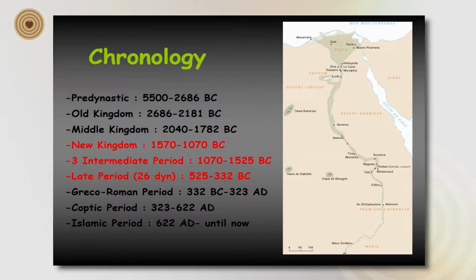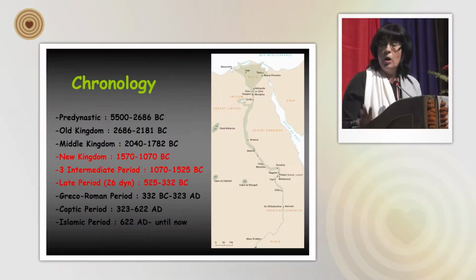Of course, Egypt is a very big country, and the chronology is very, very large. So I choose for today only the period that goes from 1500 until 300 BC, because it was the beginning of these instruments and the time of the use of wood change.